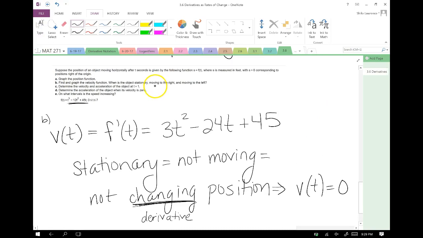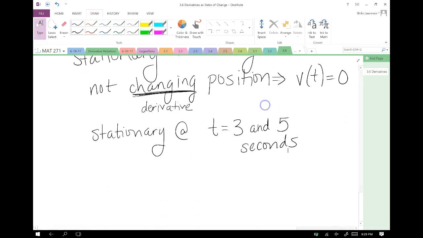It says, when is it moving to the right and when is it moving to the left? Well, if it's moving to the right, that means it's moving away from the origin. That means it is gaining position.